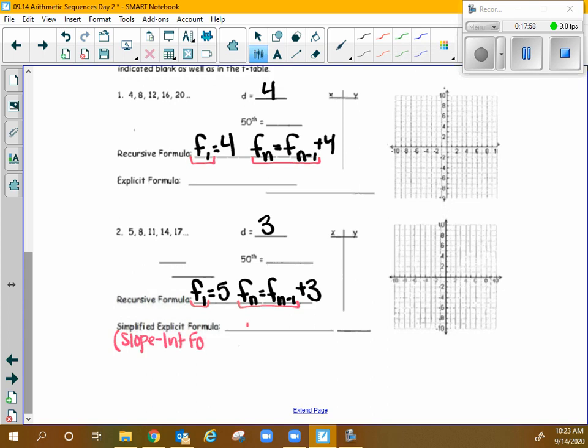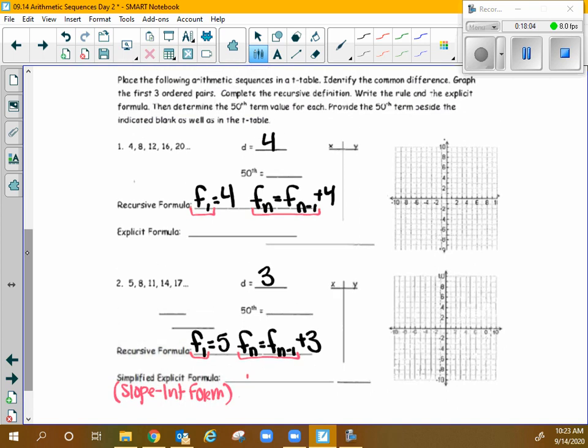So what we did on Friday. All right? But when you just see explicit formula, start with the expanded. Okay? Just for this one. If I ask you for the explicit formula on a test, and some of you give me expanded and some of you give me simplified, it's fine. It's the same thing.